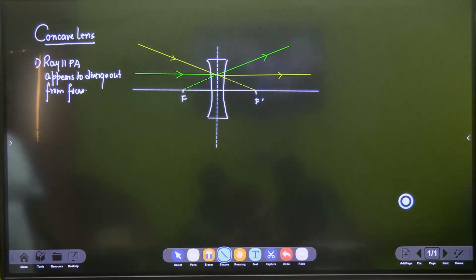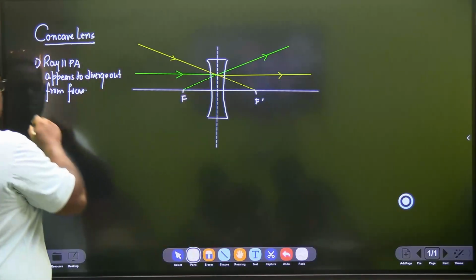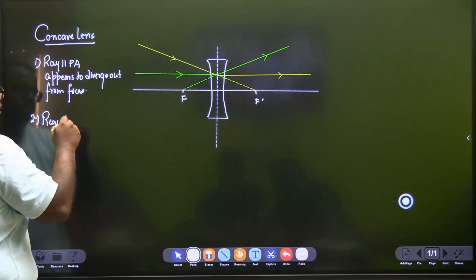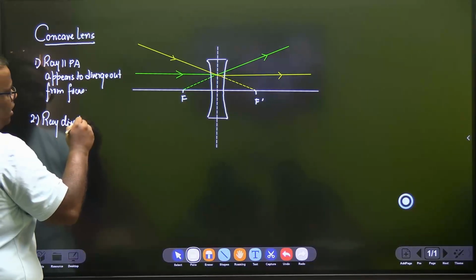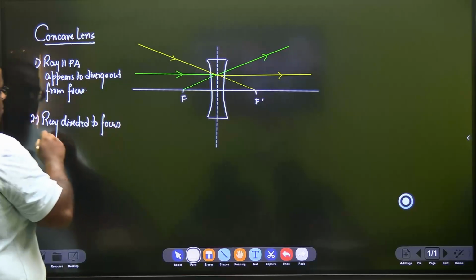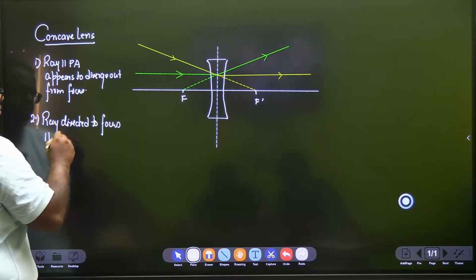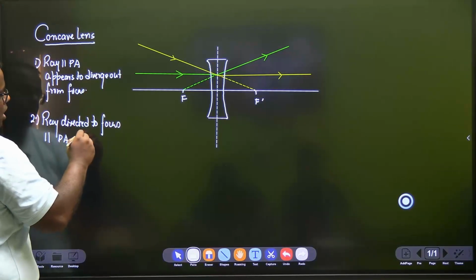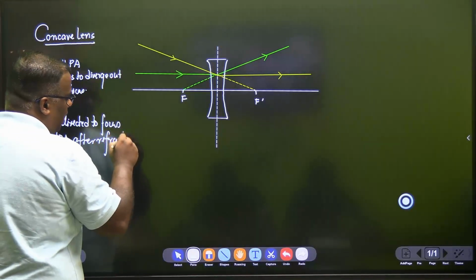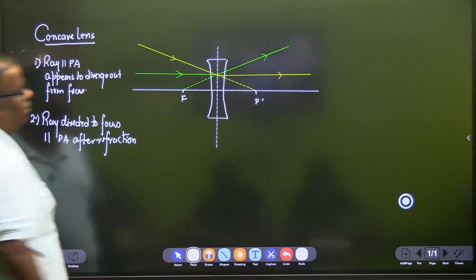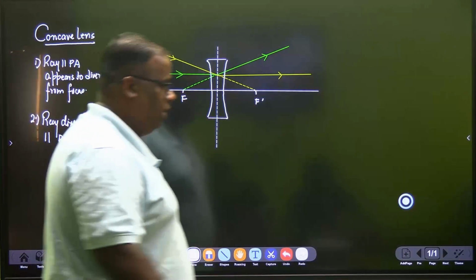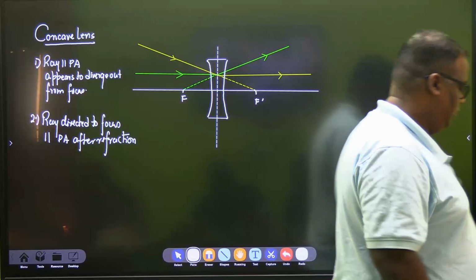Pretty easy. This is the reverse of the first. So number two is, a ray directed to the focus becomes parallel to the principal axis after refraction. Understood? Very good.